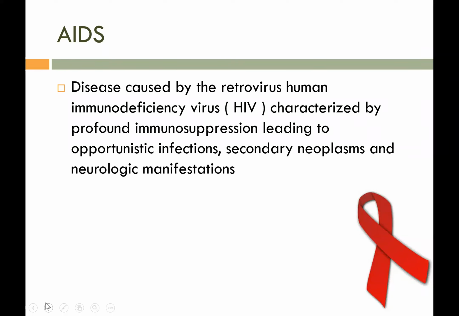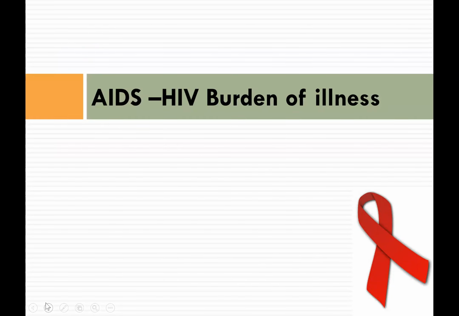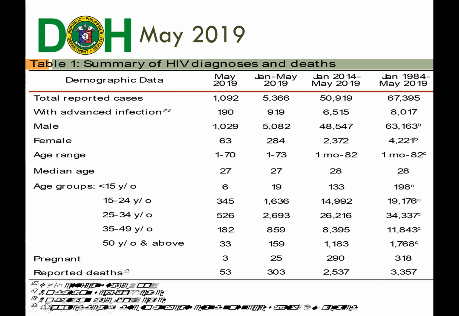And when this happens, you enter a phase of the disease which eventually may be labeled as AIDS, or acquired immunodeficiency syndrome, which is characterized by profound immunosuppression, opportunistic infection, secondary neoplasm, and neurologic manifestation.